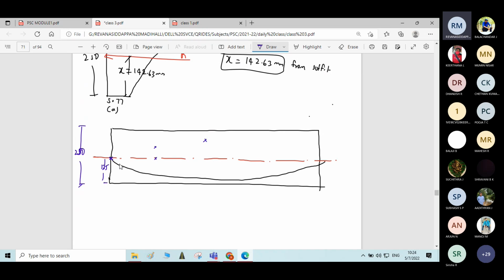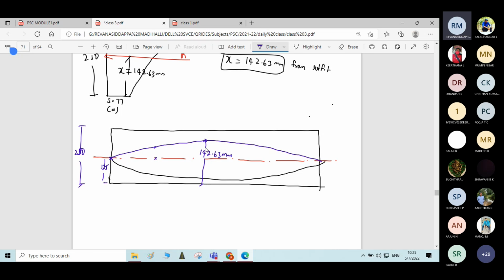So if you join the thrust line, this will be the thrust line. So here it is 142.63 mm from the soffit of the beam.